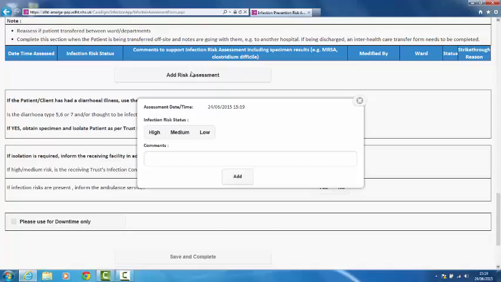You need to document the reason why you would want to keep the door open in a side room, for example, or nurse the patient in a bay. You would then need to tick whatever actions you've taken as well. So you will complete the high, for example, for this patient, and the reason that you need to leave the doors open.